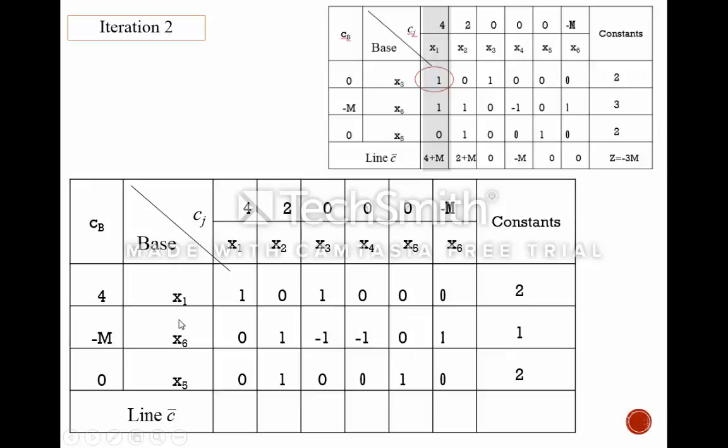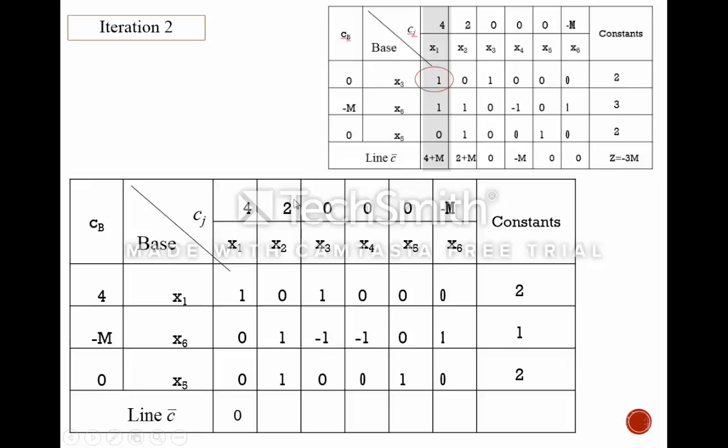Okay, we calculate like before, row by row. For the first: 4 minus 4 times 1, minus m times 0, minus 0 times 0, and the result is 0.